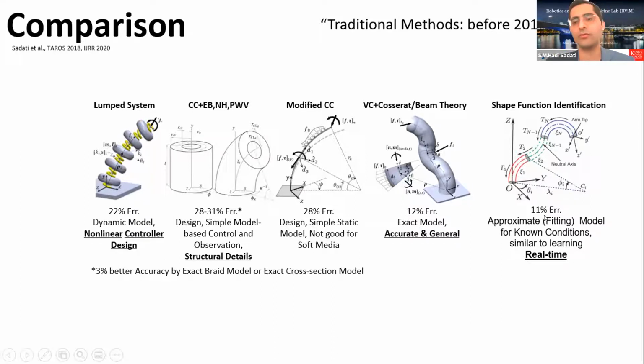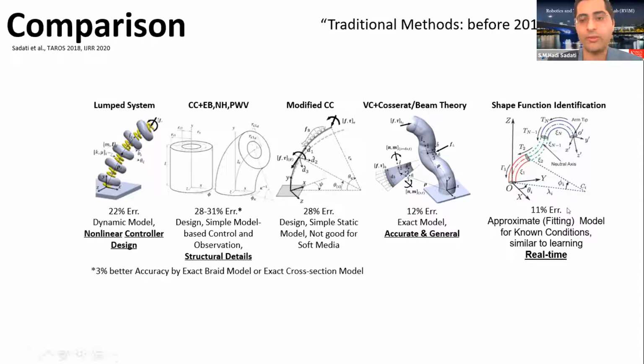And shape function identification, based on Isuru Godage's fantastic work, provides very good accuracy and it's real time, but the formulation and accuracy are limited to the training data set.